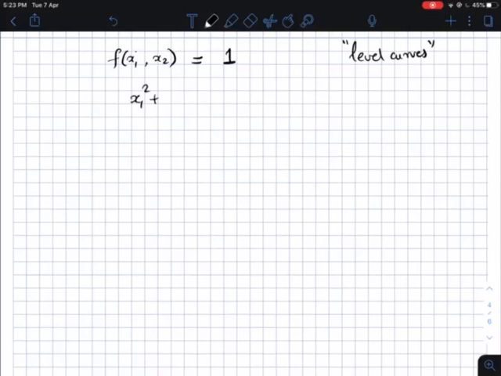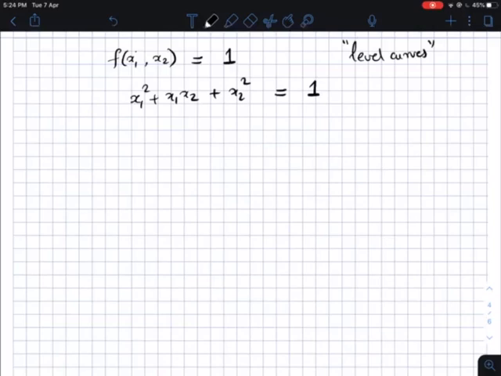Here x1 square plus x1 x2 plus x2 square, and we are interested in understanding what are all the possible values of x1 x2 for which this value x1 square plus x1 x2 plus x2 square is equal to 1. Okay, and we want to do this in the most general way possible, not just for this specific example that we have given over here.